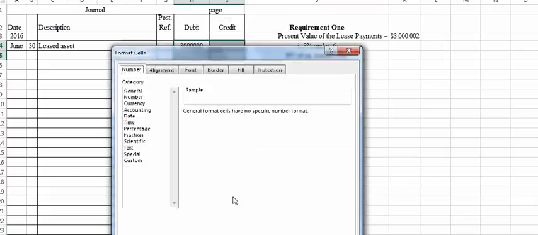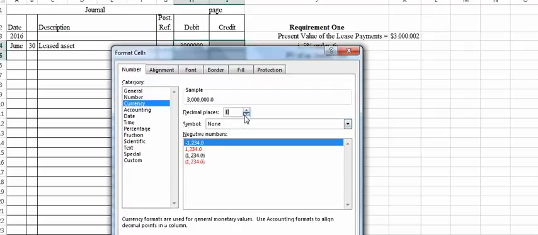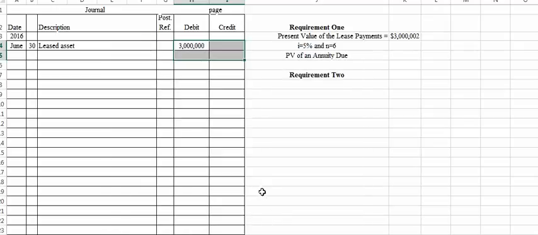A little rounding difference there. And then we'll credit lease payable. And lease payable would be credited for $3 million as well.